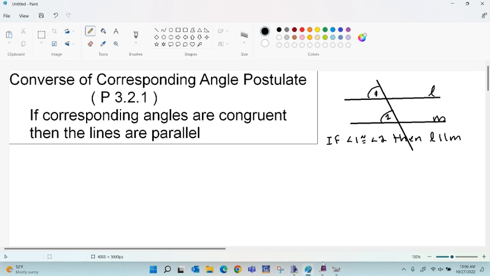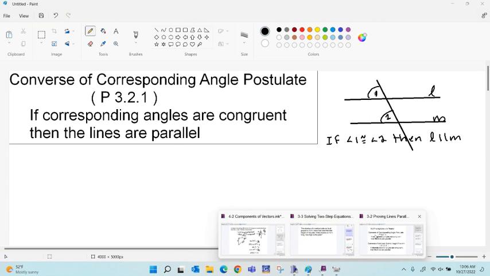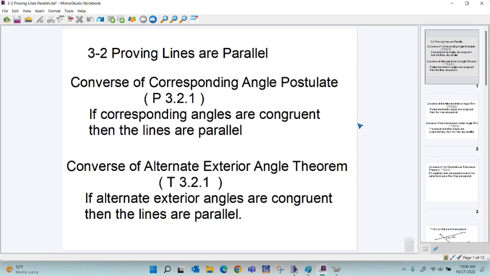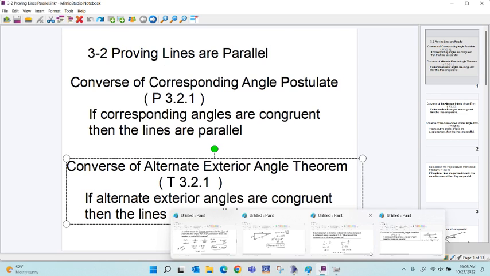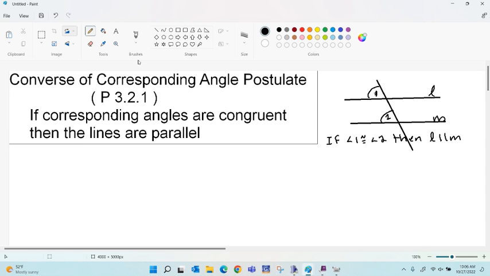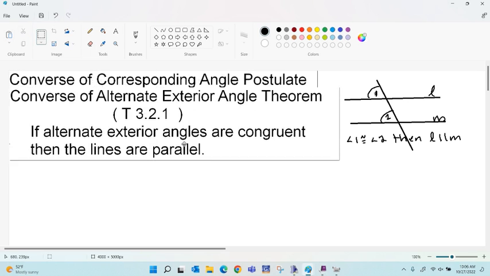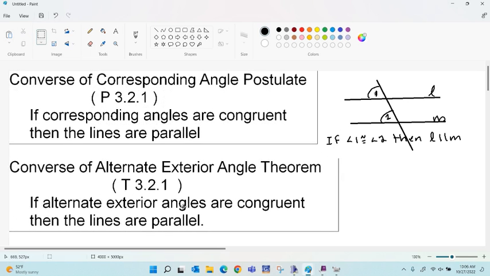We have another converse here. So you could just slide that in over the side if there was room. We have the alternate exterior angle converse. So I'll throw that onto this so it'll let me draw. I'll move this down here.